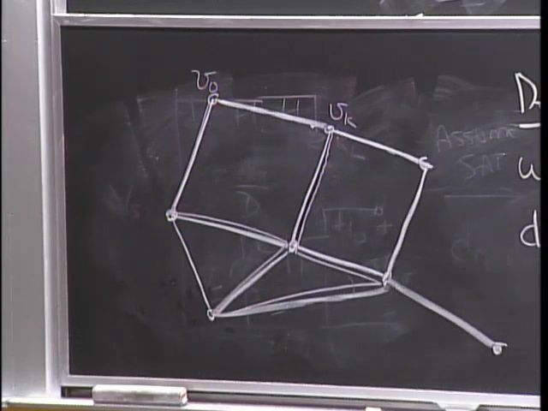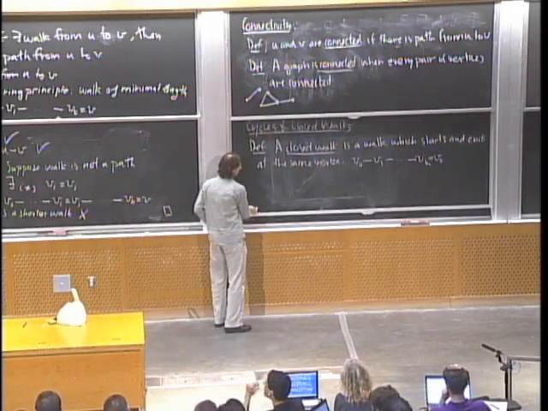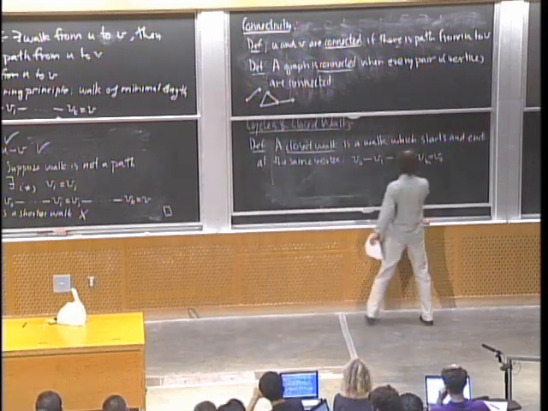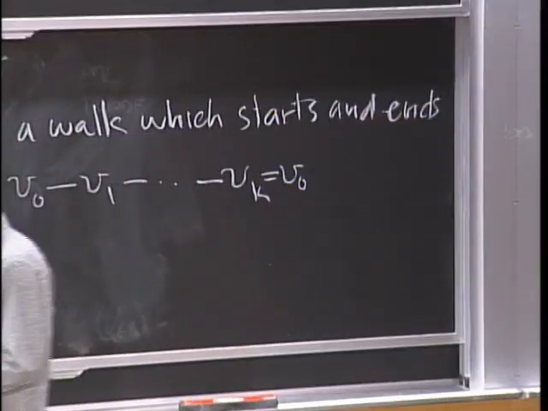So what's a cycle? A cycle is a little bit more special, in which all these vertices over here are actually different from one another.